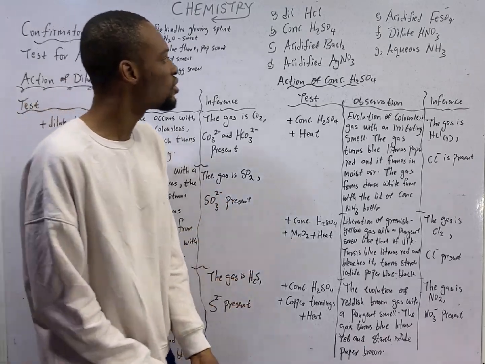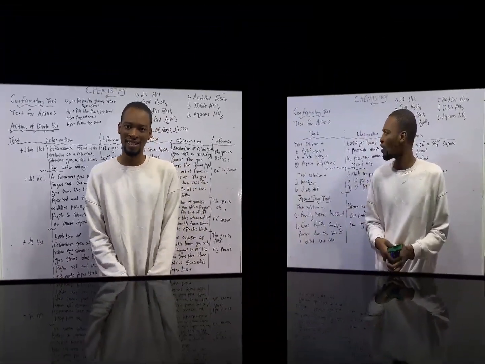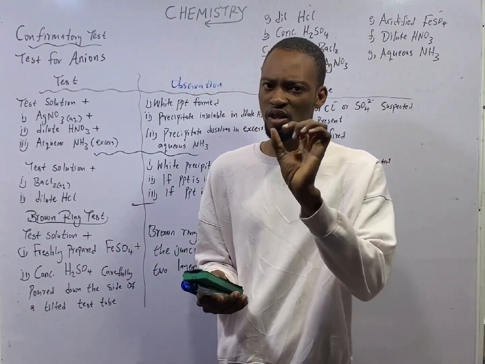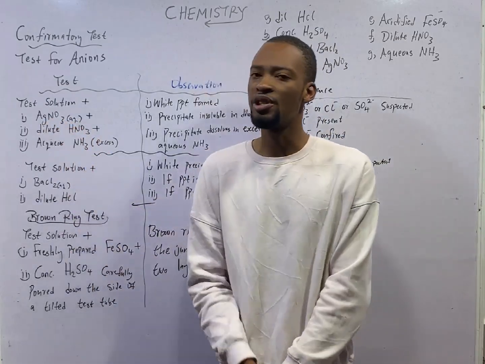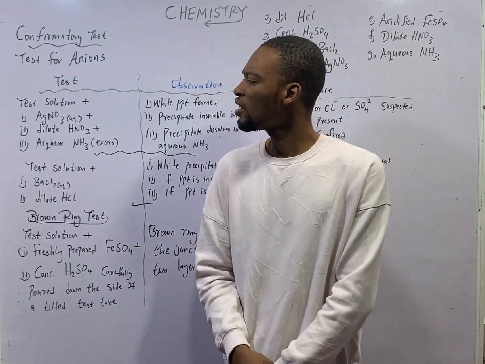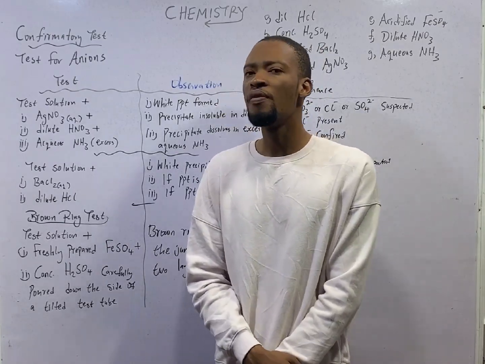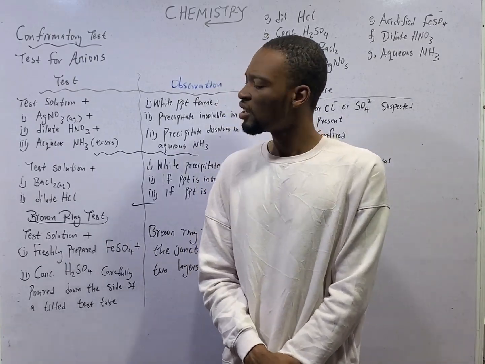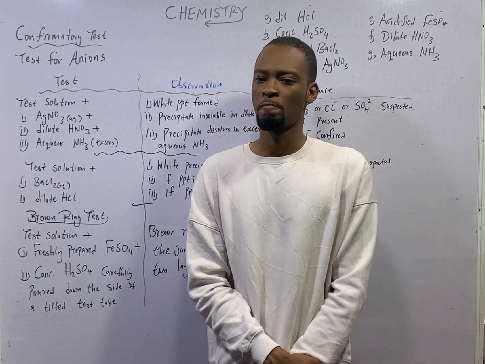So, ladies and gentlemen, let's look at confirmatory tests for anions. When you have a test solution, you add aqueous silver nitrate, then you add dilute HNO3, then you add aqueous ammonia in excess.